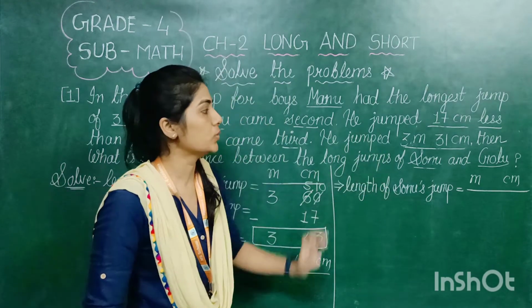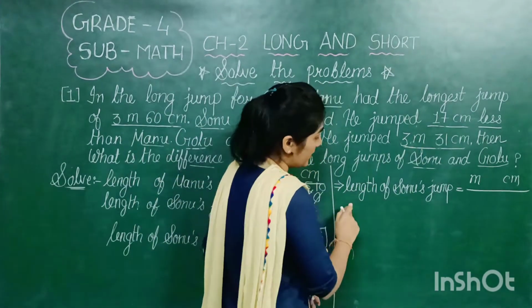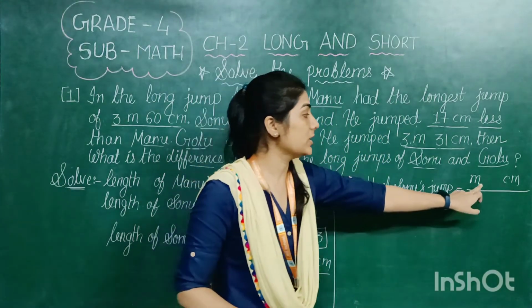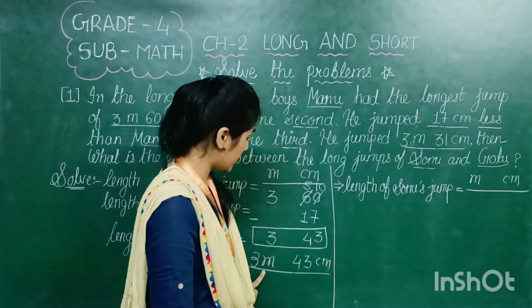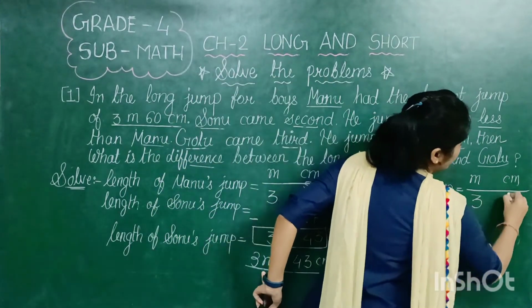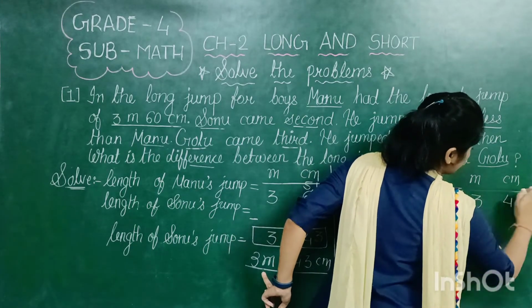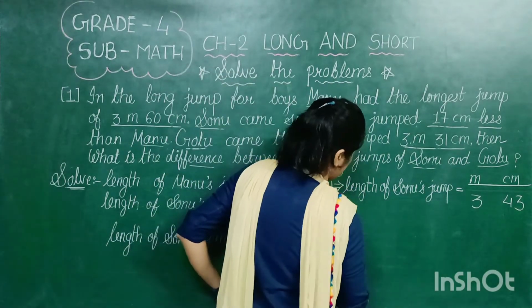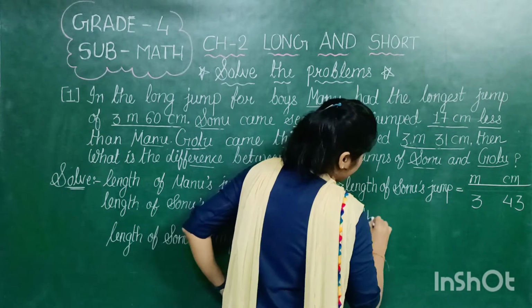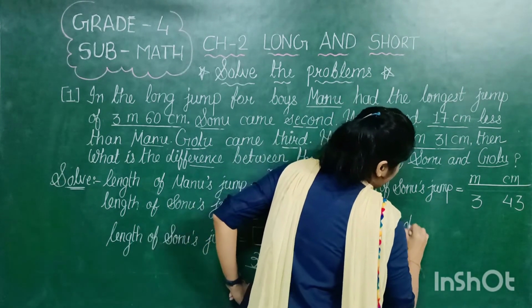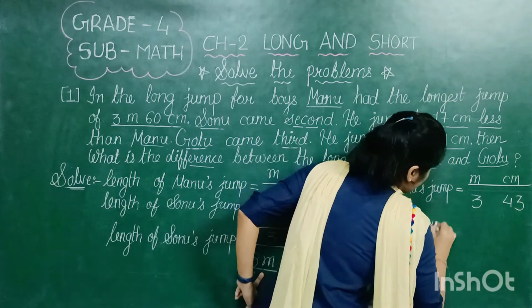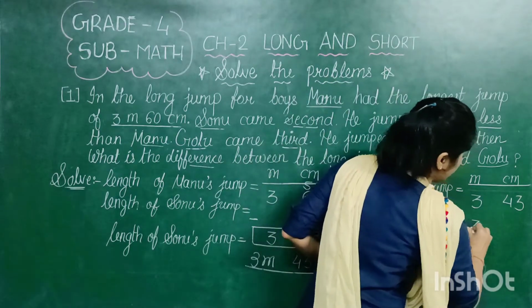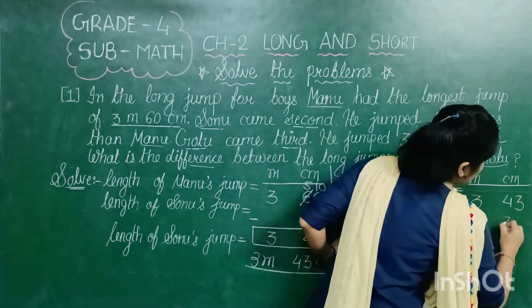Sonu's jump is longer than Golu's. So we have found the length of Sonu's jump, and we have to make the bifurcation in meter and centimeter. Sonu's jump is 3 meter and 43 centimeter, and the length of Golu's jump is 3 meter and 31 centimeter.